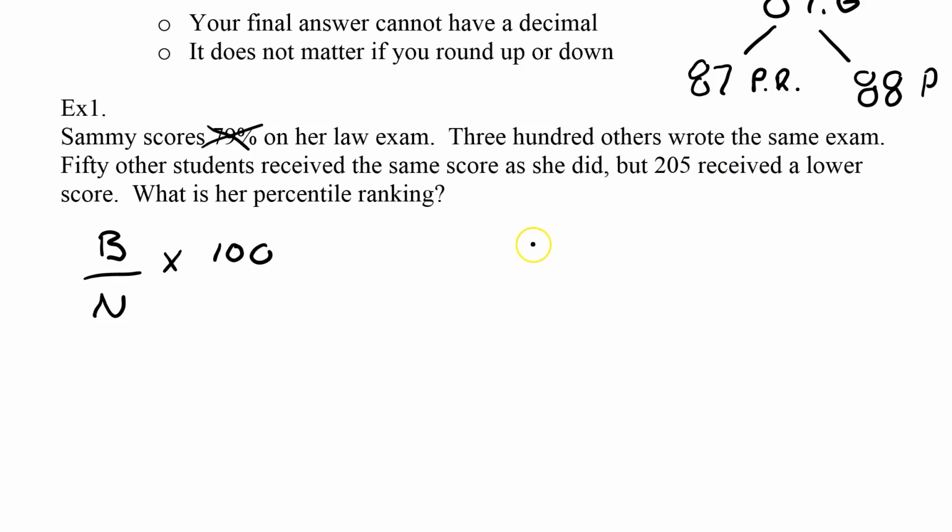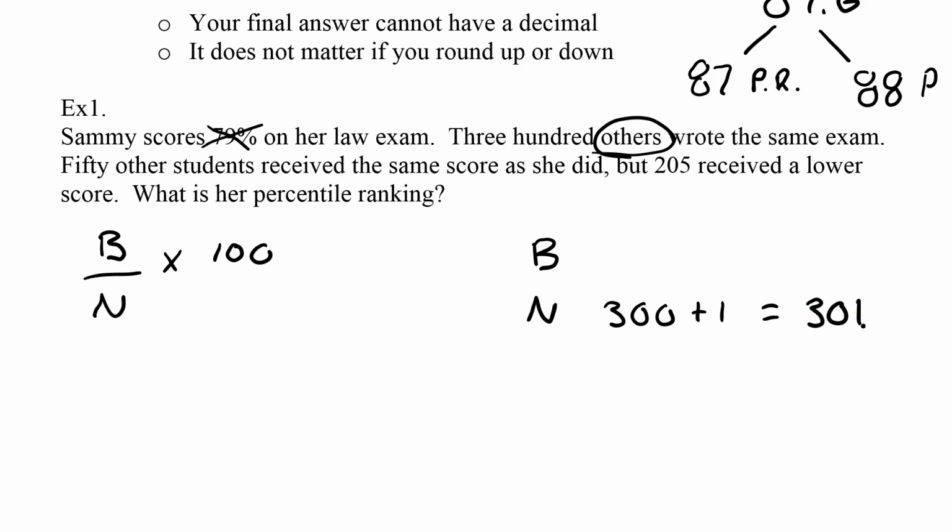So my B and N. 300 others is my total, 300. But you got to watch the wording of this question. 300 others. Well, what does the word others mean? Well, there's Sammy and 300 other people. So her total is actually going to have to increase by 1. So my total here is 301.